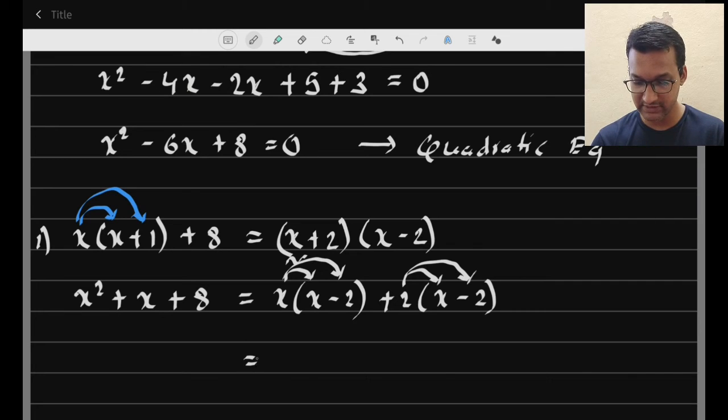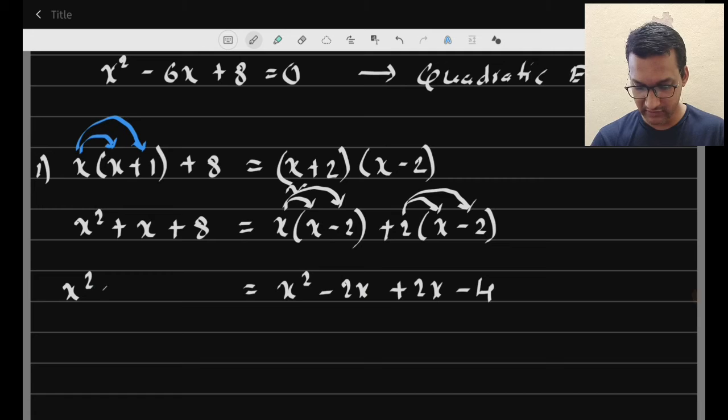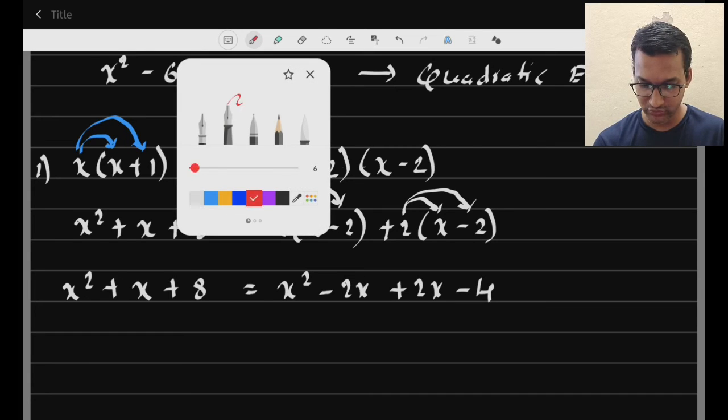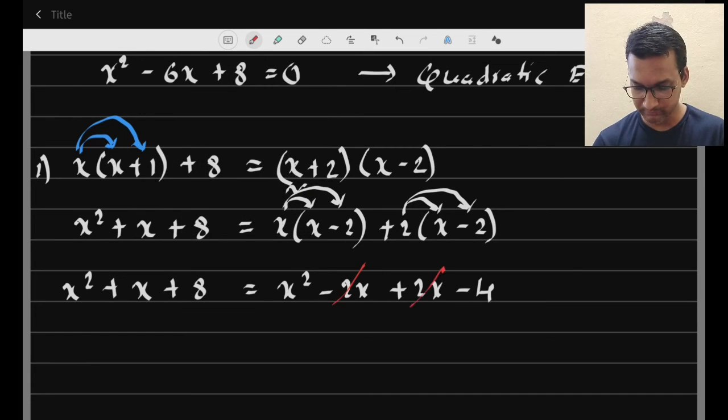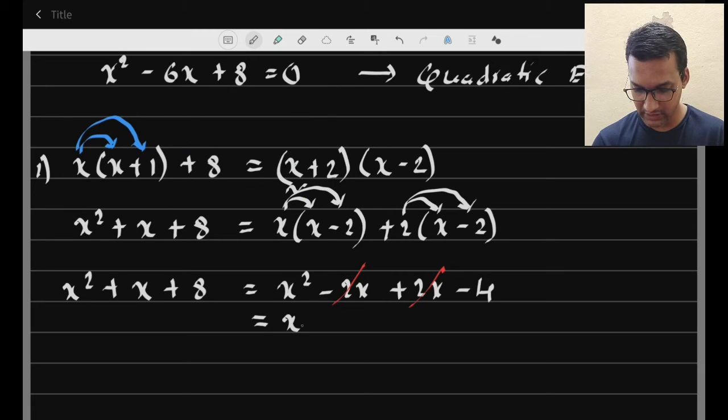Let us multiply this. x into x will get x square, minus 2x plus 2x, plus 2 into minus 2, minus 4. On the LHS we have x square plus x plus 8. Now this plus 2x and minus 2x we can remove. We'll get 0. So on this side we only have x square minus 4, which is the same as a square minus b square.